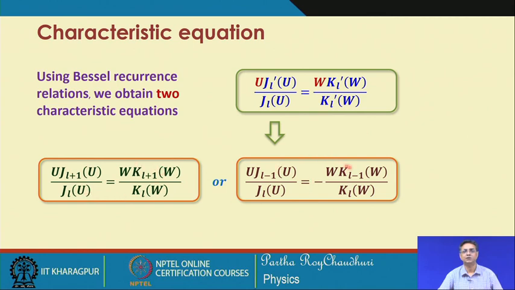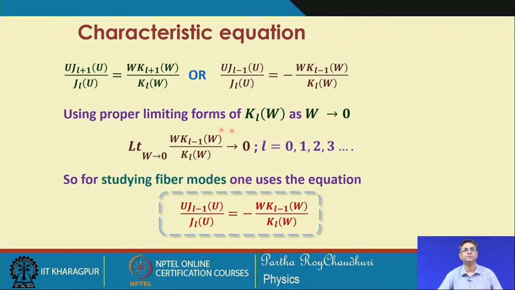This equation will be valid for the physical solutions, because if I take this equation, these are the two dispersion equations. Using the proper limiting forms of K_L, if you take W tends to 0, then this quantity also tends to 0, for L equal to 0, 1, 2, 3.